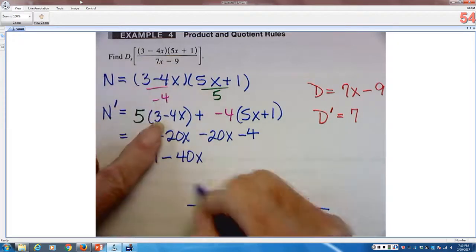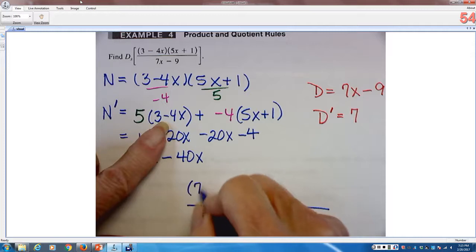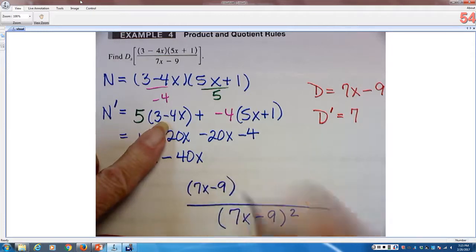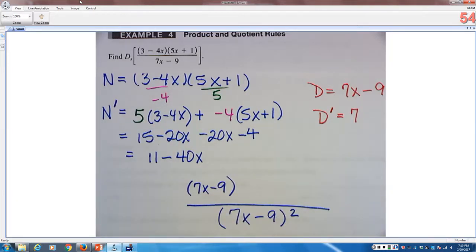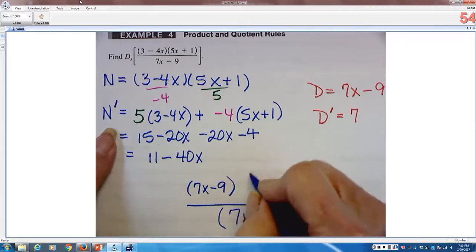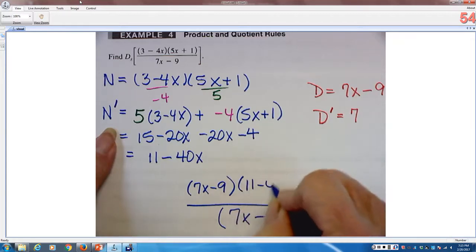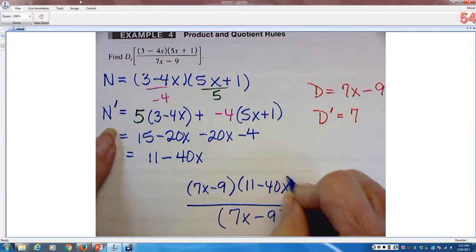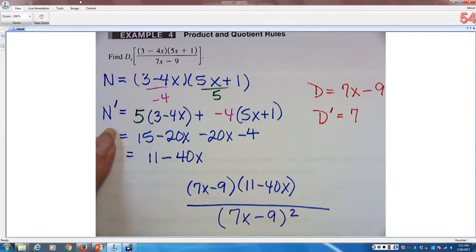And then take your denominator again, 7x minus 9, and multiply it by the derivative of the numerator, which is 11 minus 40x. You don't take the derivative of that, the 11 minus 40x. No, because that is a derivative. That's the derivative of your numerator. Okay?